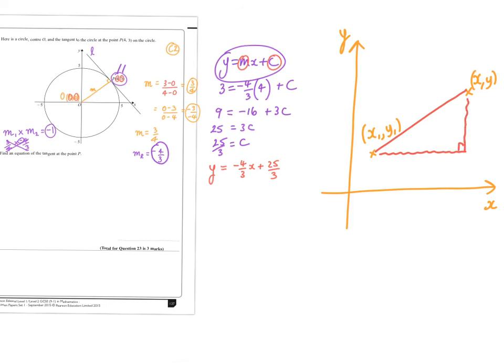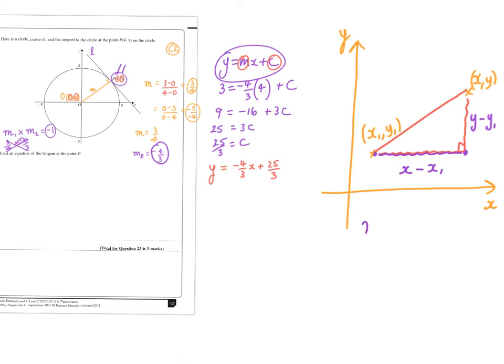And I can look at this value here, which is the difference in y. So this is going to be y minus y1, and this distance here is going to be x minus x1. Because if this was x and this was x1, then this distance here is just going to be the difference between them.